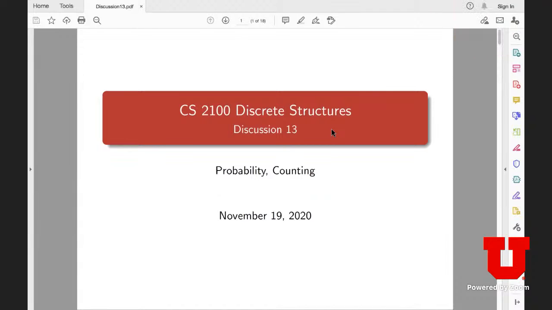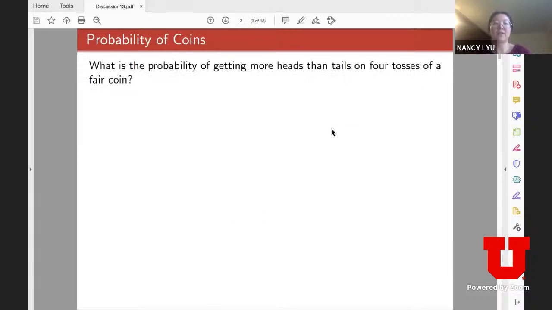All right, so today we're just gonna do some probability and counting problems. Let's jump into the first one. Oh wait, I have to use the tool.